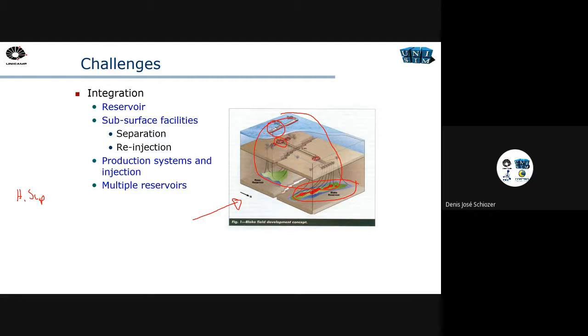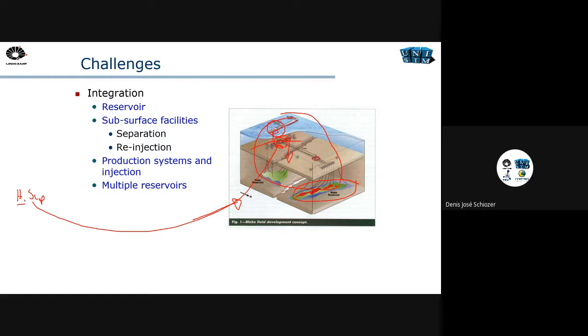Because of that, they are trying to install this equipment called HISEP, a high pressure, high temperature separator that will be put on the seabed, separate the gas from the oil and re-inject the gas into the reservoir. So instead of taking this gas into the platform, they re-inject it, and I'm going to produce much more oil in these conditions.